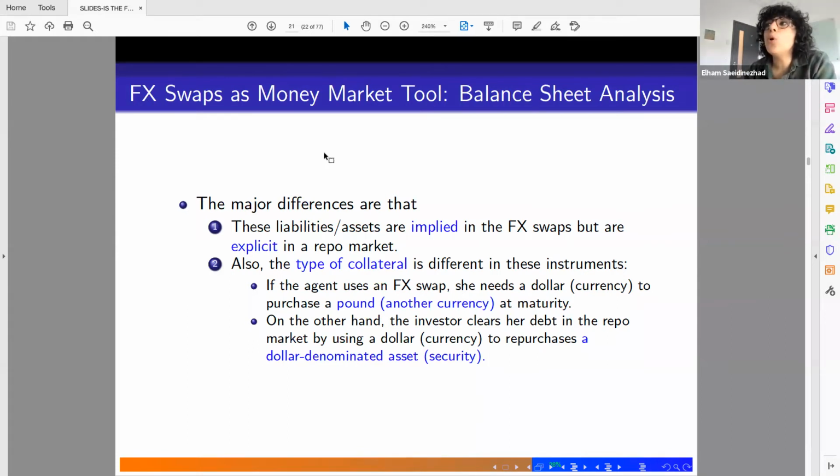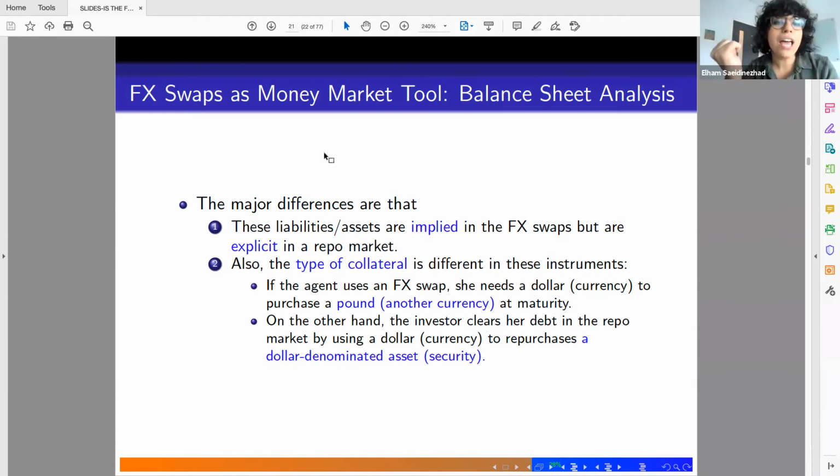The second important difference is that the type of collateral that is being used in these two markets, or in these two instruments, is different. Remember, when we talked about the repo market, we said that what you're going to do is use your US dollar denominated security as collateral in order to raise dollars.